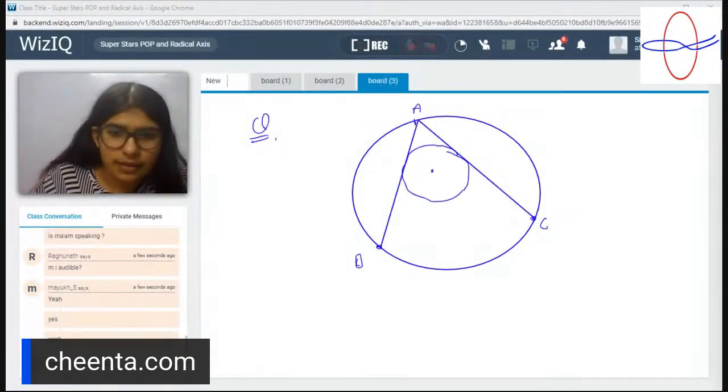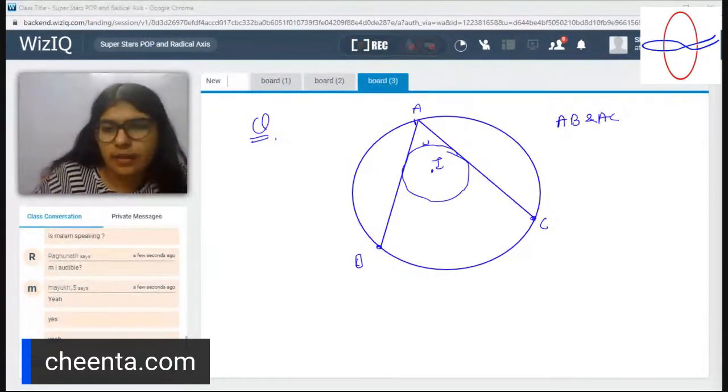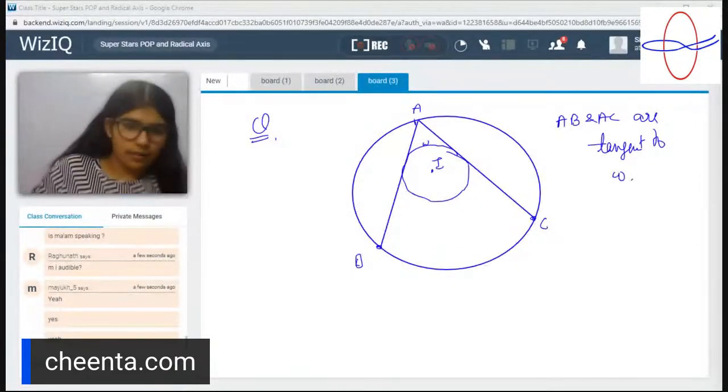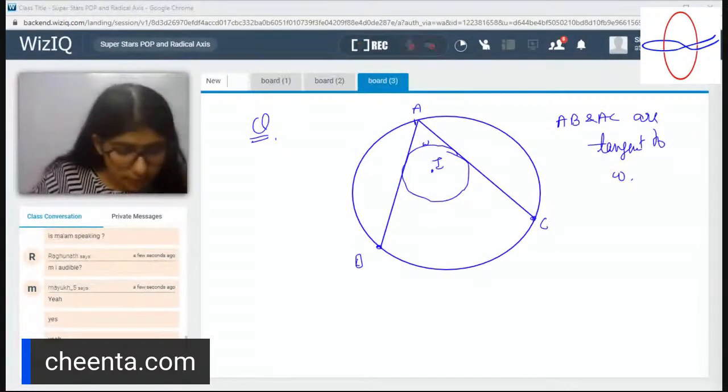It has center I. Let this circle be omega. AB and AC are tangent to omega, right? And I is the center of omega.